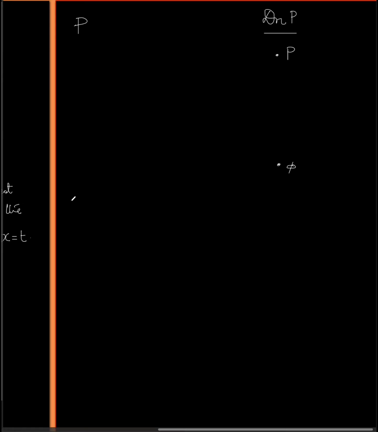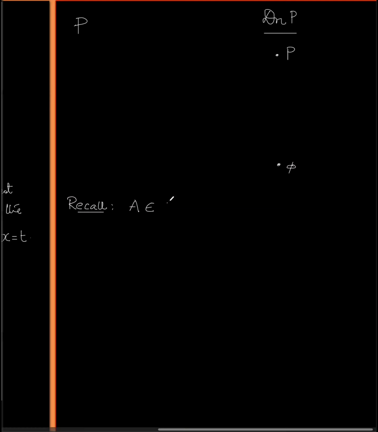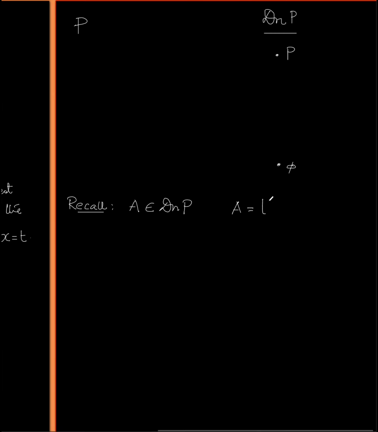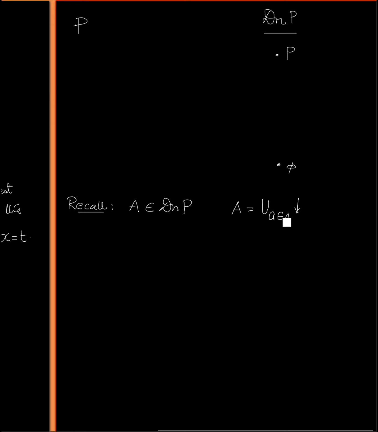Recall also over here that we proved that if A is a member of downset, then A is actually a join of the principal downsets. Let me not write A, I was writing A for an atom.